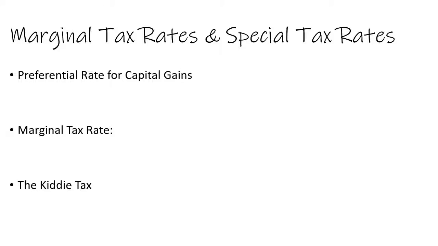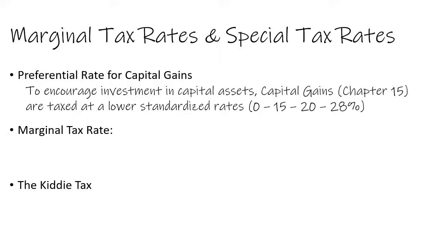In addition, there are several key terms that you should keep in mind for tax rates. To encourage investment in capital assets, capital gains are taxed at a lower standardized rate, and we'll talk about this concept more in Chapter 15, Part 2.